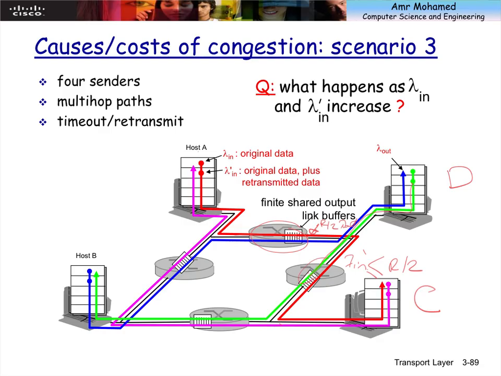What is the maximum rate of this? I'm talking about lambda in here. So this is the end application at D, okay? It tries to send segments with increasing rate, okay?